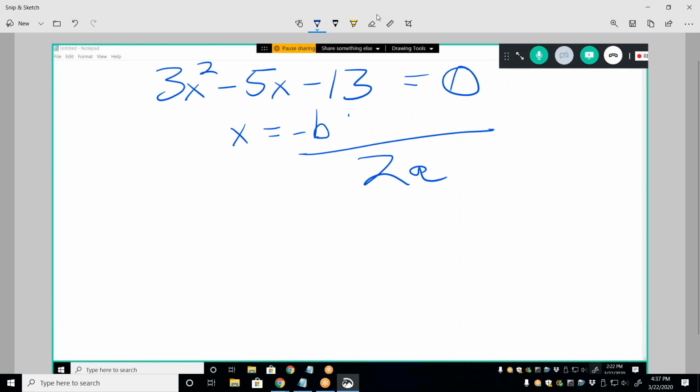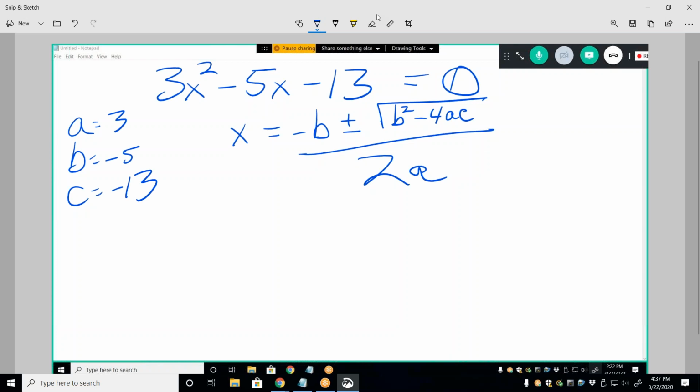Plus or minus square root of b. That's as far as I get. Okay, what's a, b, and c? A is 3, b is -5, and c is negative 13.